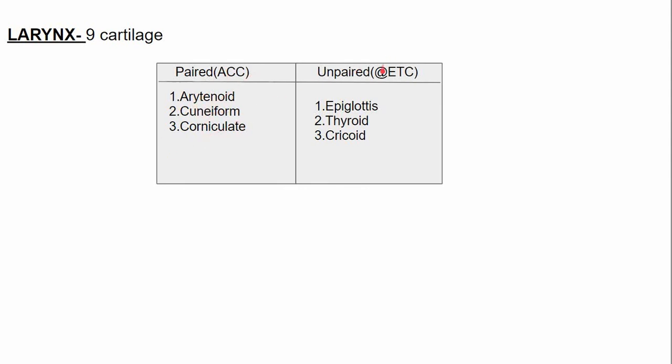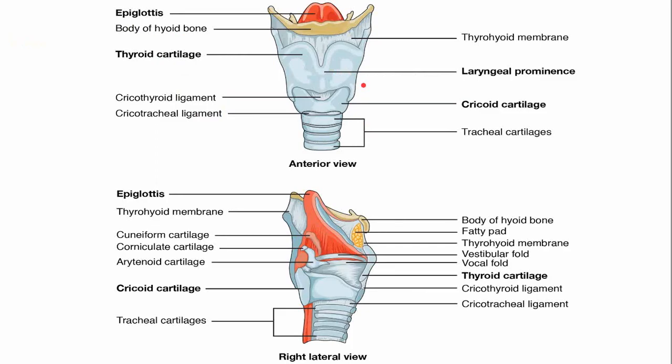The unpaired also has a mnemonic, please remember this: ETC. E refers to the epiglottis, T refers to the thyroid, and C refers to the cricoid.